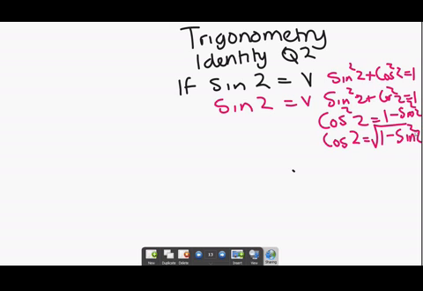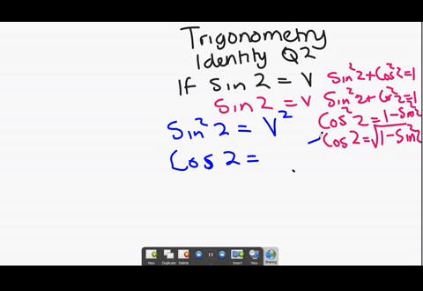But remember, sine squared 2 in this case is actually v squared. So cos 2, according to that one, is going to be square root of 1 minus v squared.